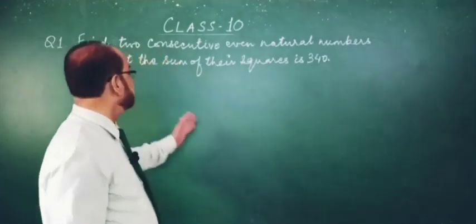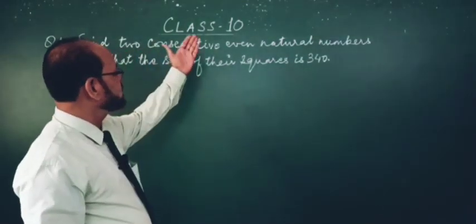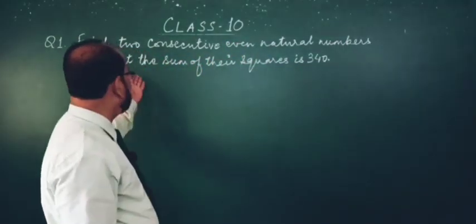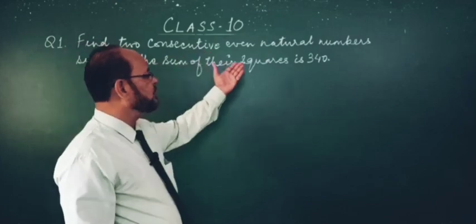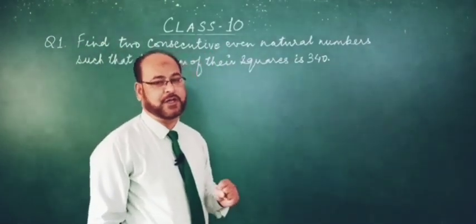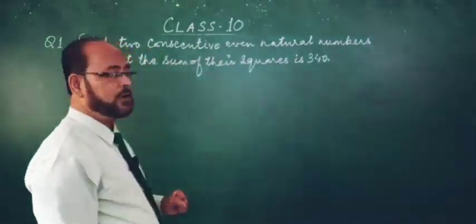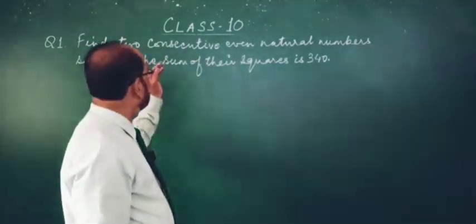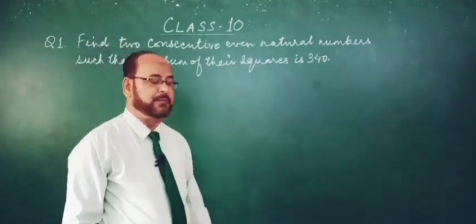The question is, find two consecutive even natural numbers such that the sum of their squares is 340. First of all, our job is to let those two consecutive even natural numbers.